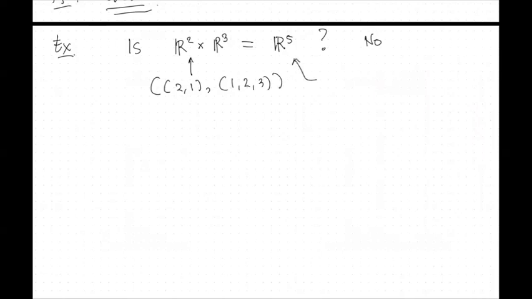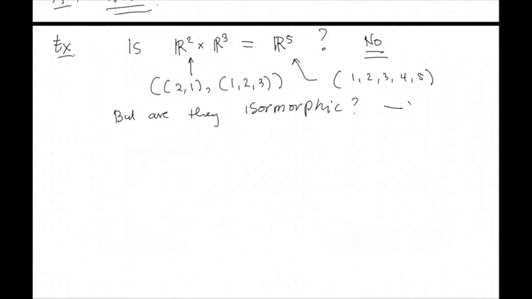An element of this is like (1, 2, 3, 4, 5). They are not equal, but are they isomorphic? The answer here is yes.